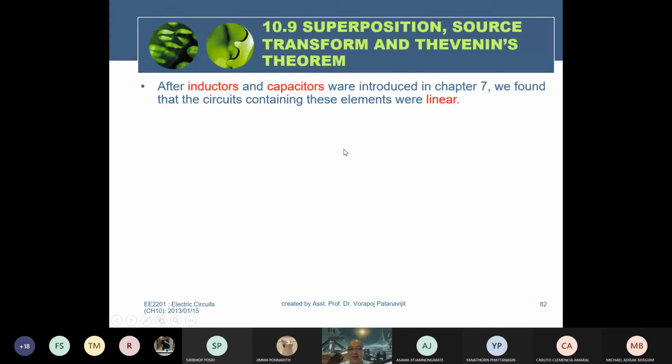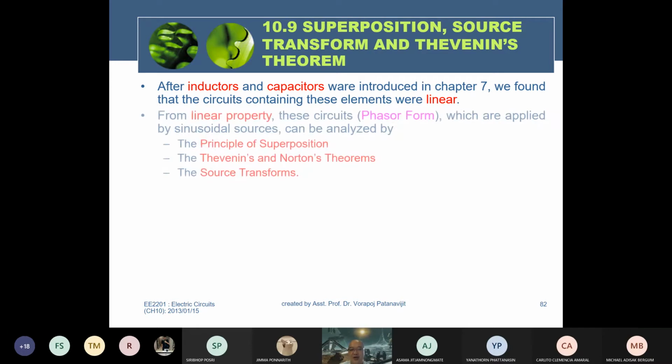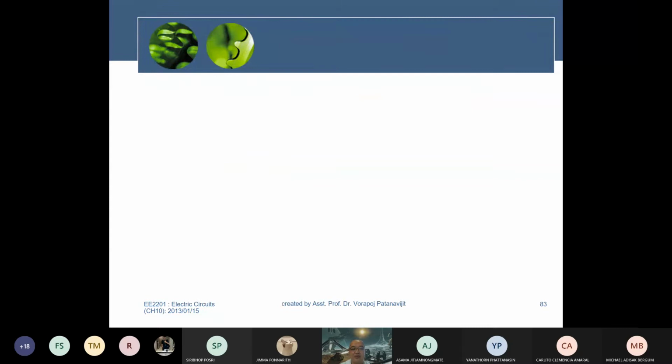After the inductor and capacitor were introduced in chapter 7, we found that circuits containing these elements were linear. Because of this linear property, the phasor circuit applied by the sinusoidal sources can be analyzed by superposition, Thevenin and Norton's theorems, and source transformation.